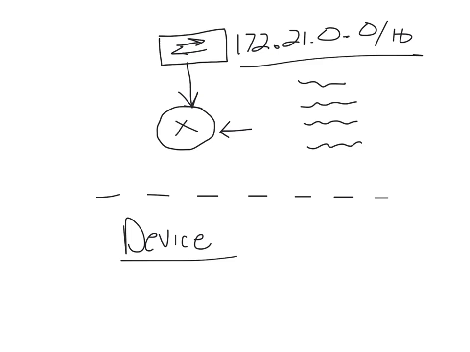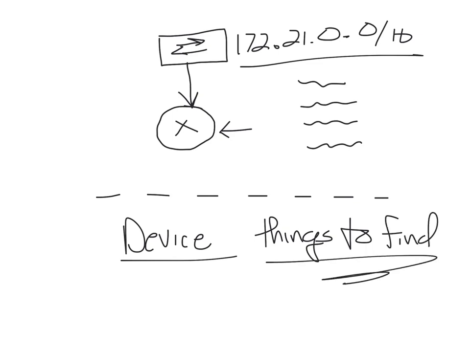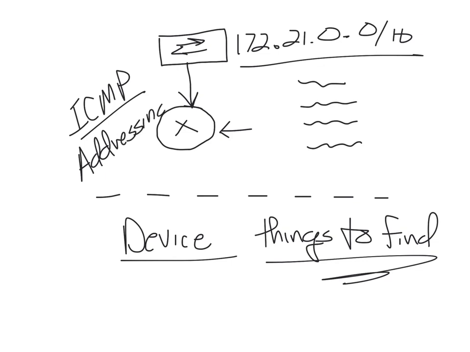There are things to find that have to do with Easter. So you have to use the hint and look for that information. Using what? Using ICMP, and then your understanding of addressing. That is it.